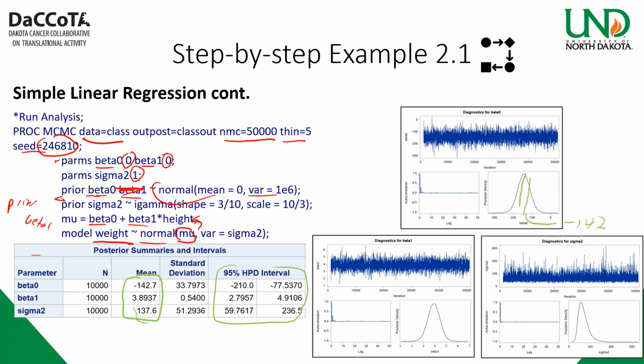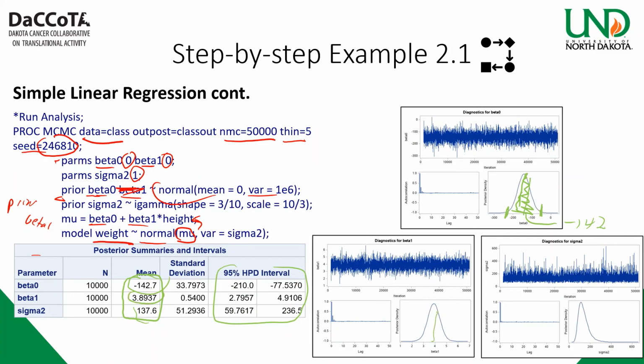And then the top and bottom, so -210 and -77, so 95% of the probability is going to be between these two. So yeah, that's about here, and that's our 95% probability density interval. Diagnostics for beta 1 are very similar. This is almost 4. You can see, yep, this is almost 4, etc.